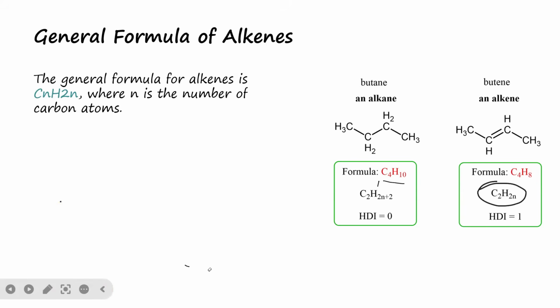With this formula, you can get ethene, propene, butene, pentene, hexene. All the names end with ene.